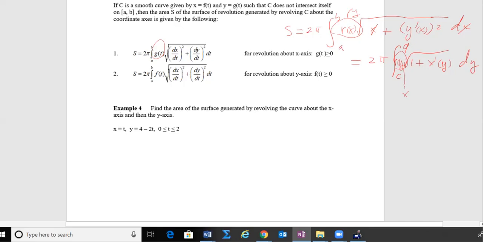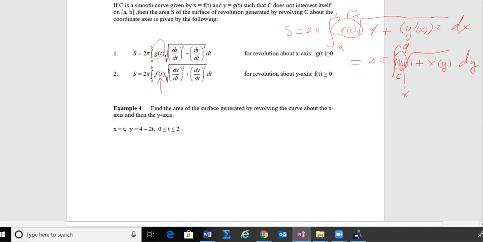This is the distance to the y-axis. Well, that's just f of t, so that's why it shows up over here. Look at it that way.